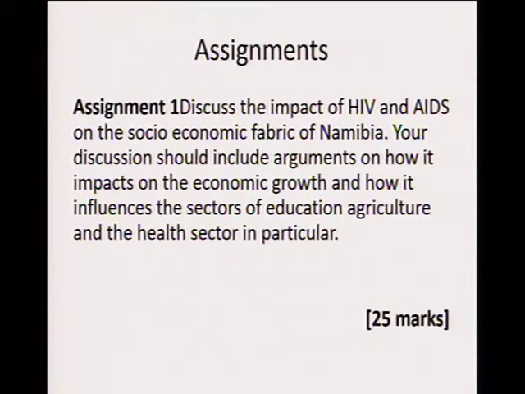So what changes has HIV brought in the education sector, in the agricultural sector, and also in the health sector in particular? And it's very important for you to conduct your literature review. Now we can use the language of research by looking at specific documents that relate to the education sector, to the Ministry of Health, and the agricultural sector as well.